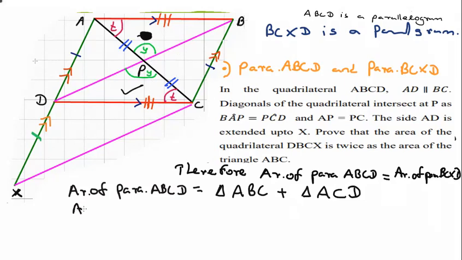Now remember, what we want is twice the area of triangle ABC. So shall we check whether we can get two times ABC? How can we get it? See, what's AC?